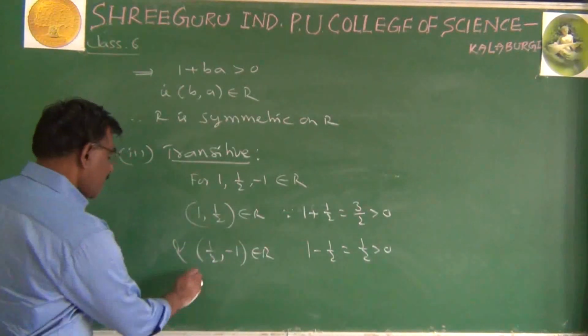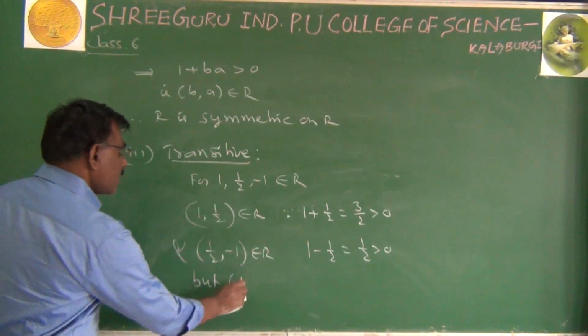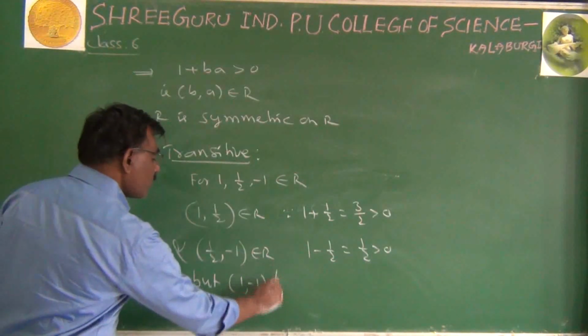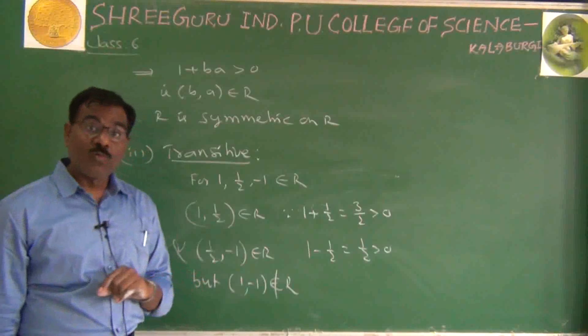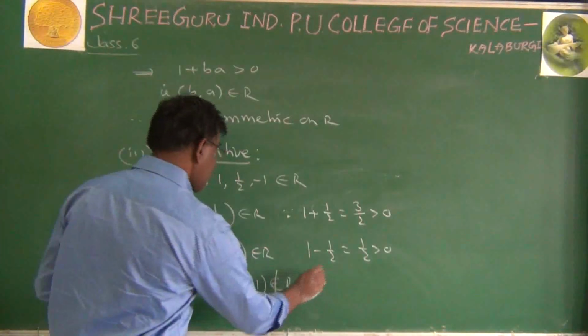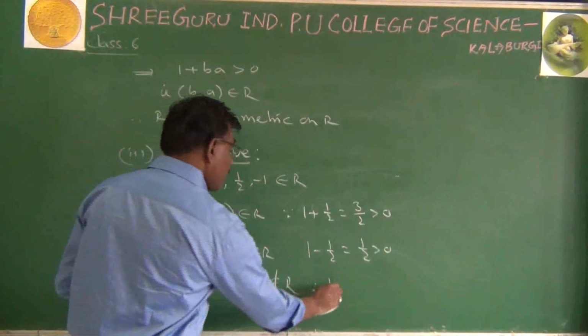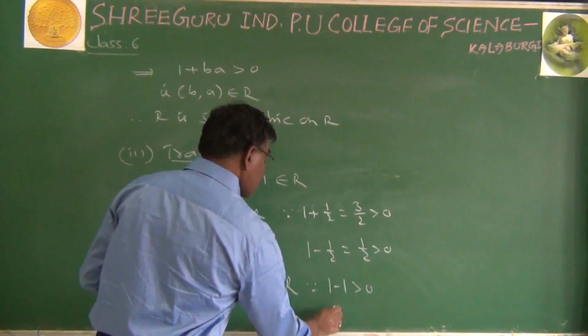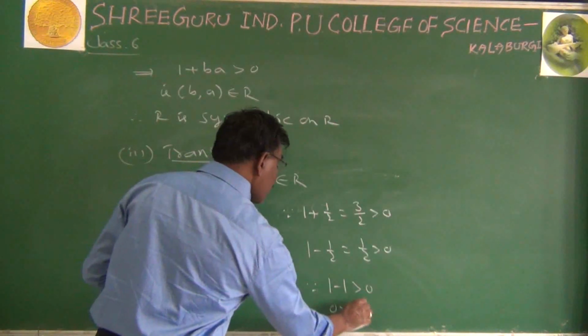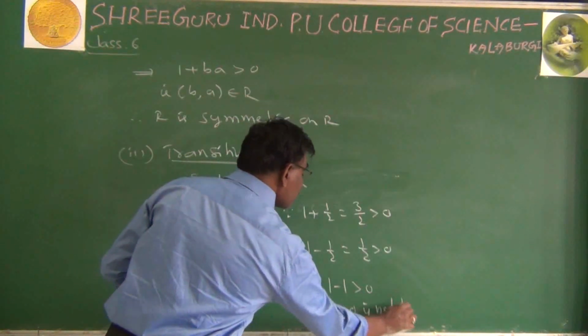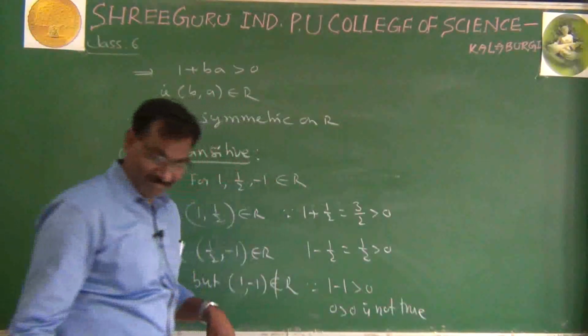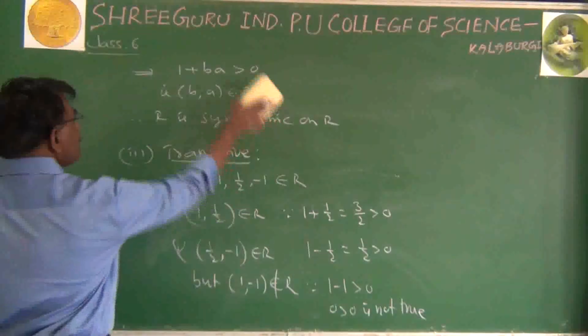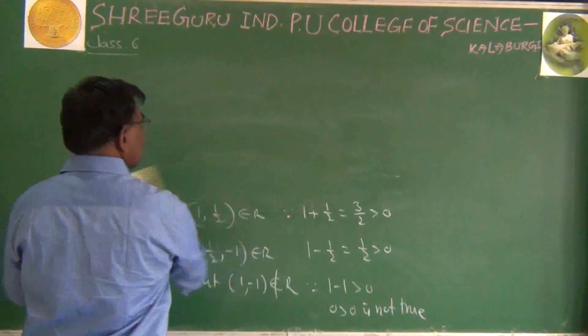But (1, minus 1) does not belong to R. Why? Because substituting, 1 minus 1 is 0, and 0 greater than 0 is not true.